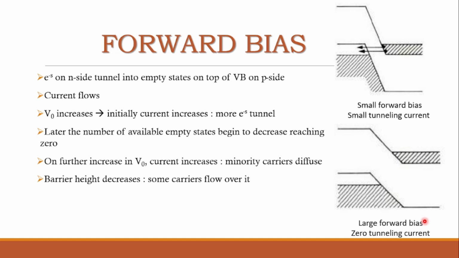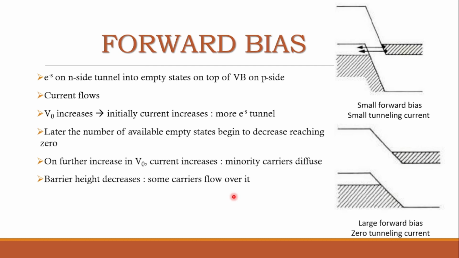Because when forward biasing is large, the depletion region is going to reduce, which means barrier height is going to reduce and normal diffusion is going to take place. There tunneling is not observed. And this is the main feature of forward biasing.